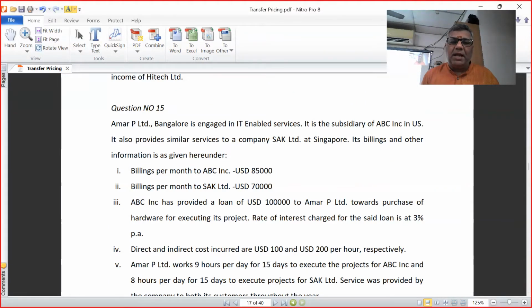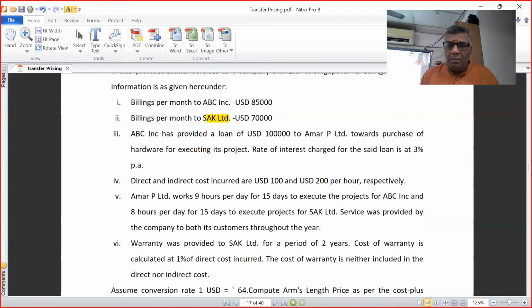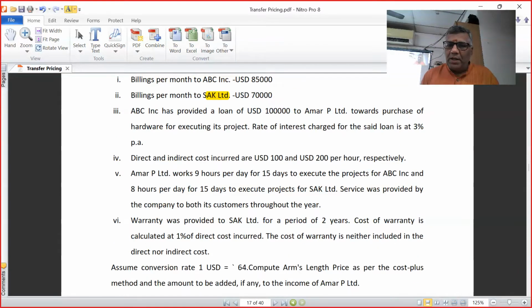SAK Limited is an independent party, correct? Okay. My billing is 70,000 per month. My cost is 100 and 200 and I know how many hours I work, and also there is a cost of warranty. If I do, I will get my profit.